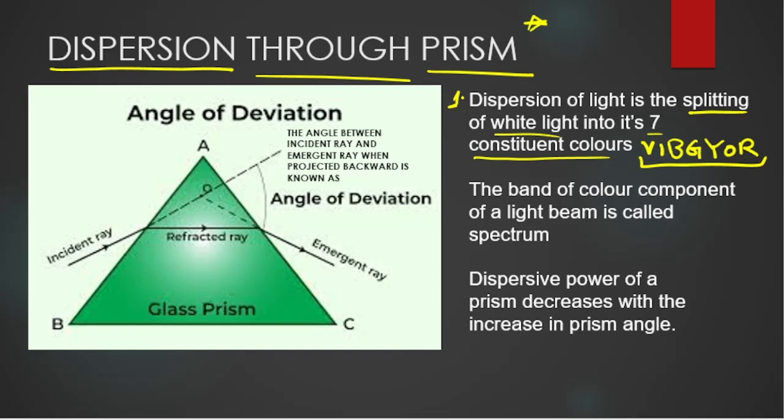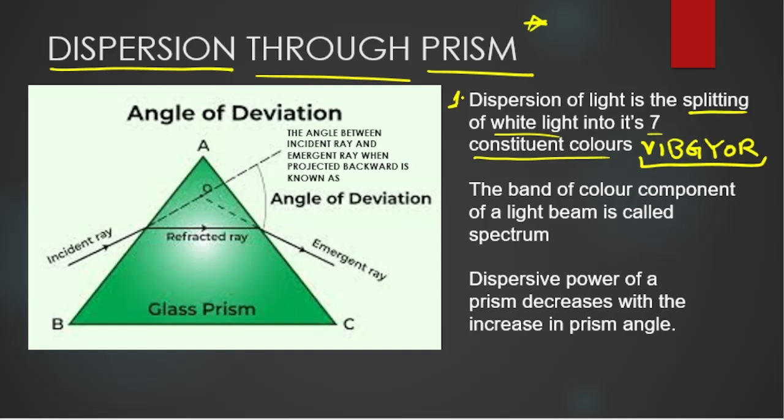Now you will ask me that if white light is made up of this VIBGYOR, then why do we never realize it? Why do we never see it? The answer to this we will see in today's video. We are going to learn how the white light gets split into this VIBGYOR, that is the spectrum of light, in 7 colors.